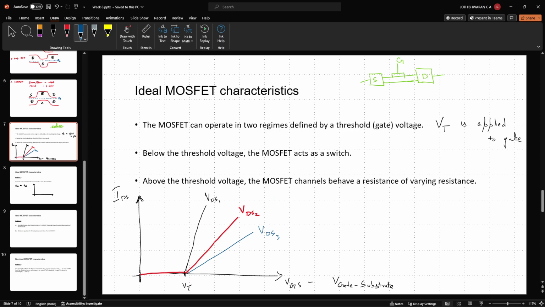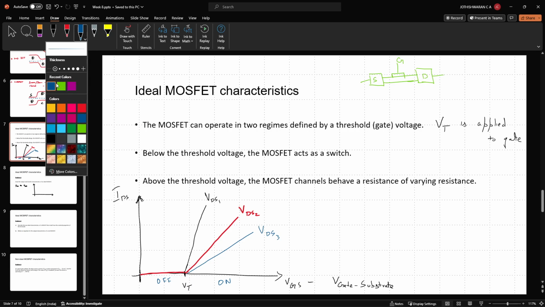So ideally, I will expect there to be a unique threshold voltage that will determine if my device is off or on. So it is off until this point, and over here it is on. It is active. And this is called the transfer characteristics.